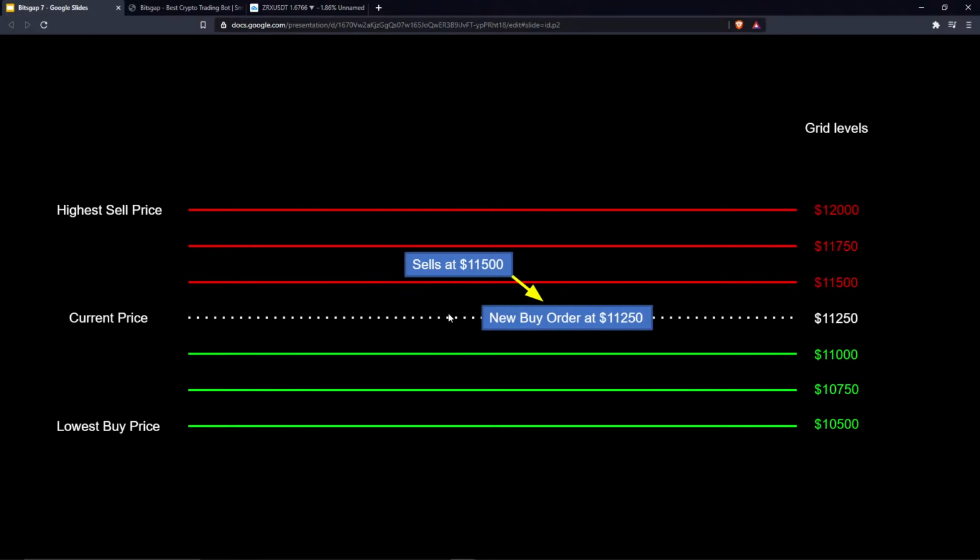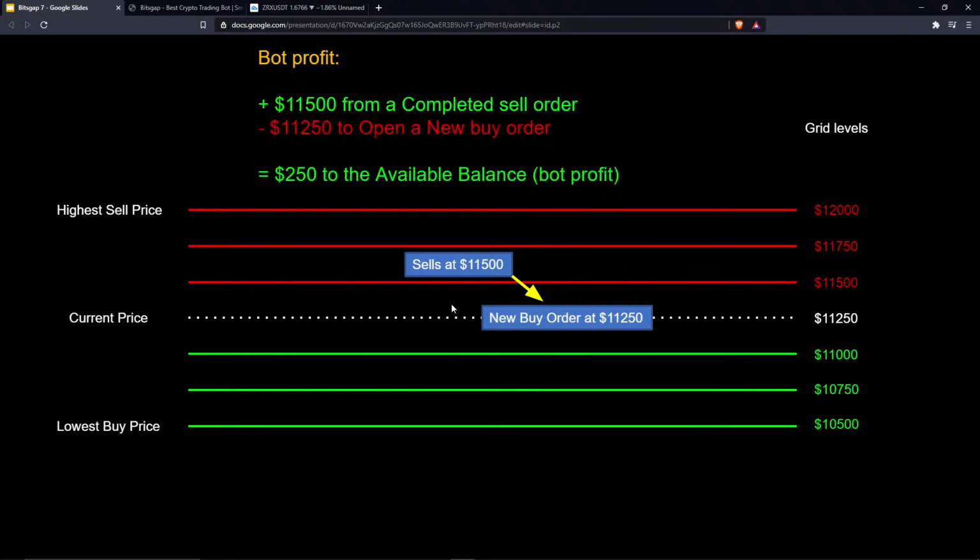And the difference in this case is the profit which goes directly to your pocket. It's something that goes to your balance. That's something that you can use in smart trading, or you can withdraw this money. It depends on how you want to use this money. But anyway, this is what the bot has made for you so far.